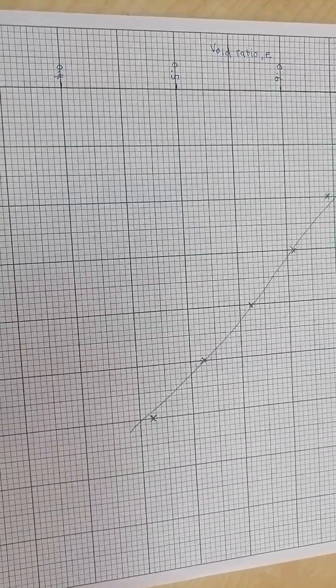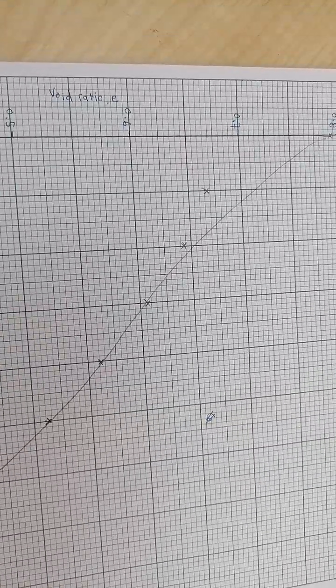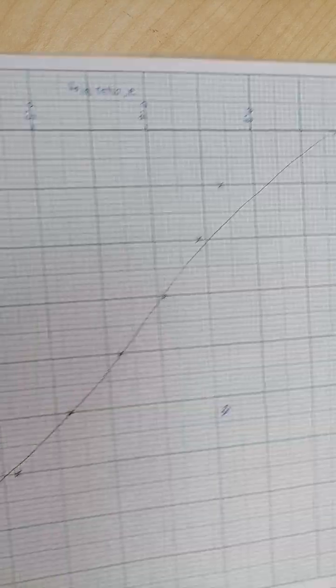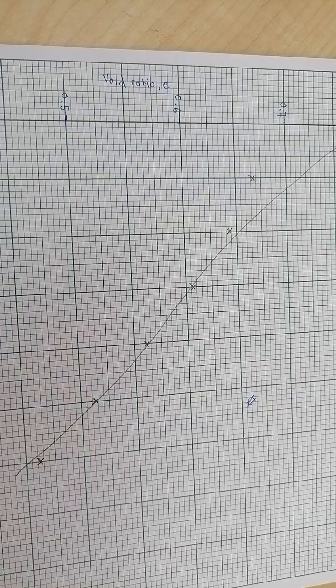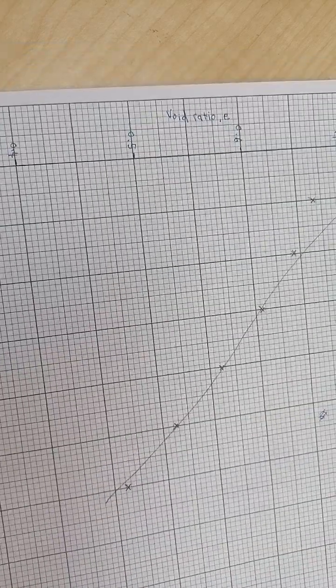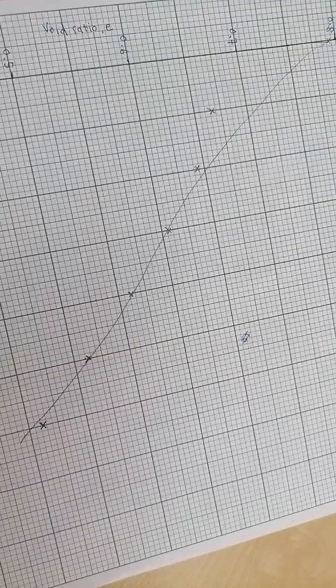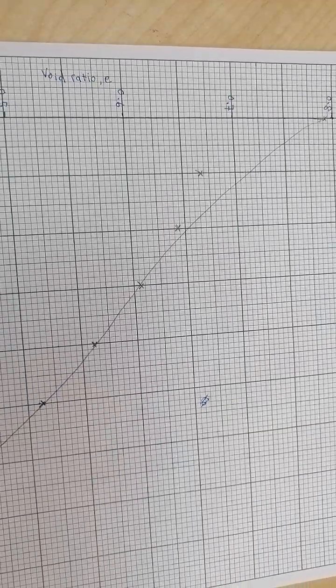We are done answering the question given. But some or all of you might be wondering: we have drawn the graph of void ratio versus effective stress, so now what?